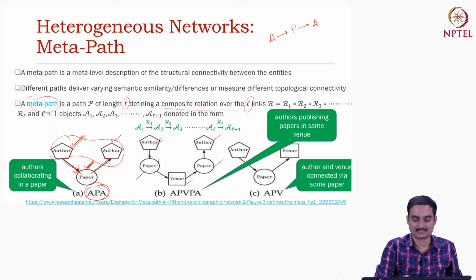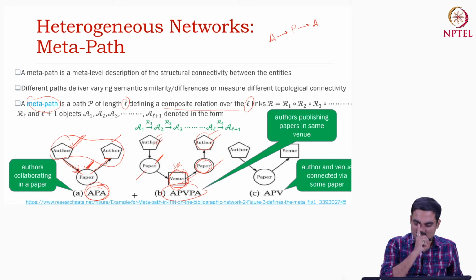An author has published a paper in this venue, say the venue is KDD, and this other paper is also published in this venue and written by this author, meaning that these two authors are not direct co-authors, but they tend to publish papers in the same venues. So different types of metapaths indicate different semantics.